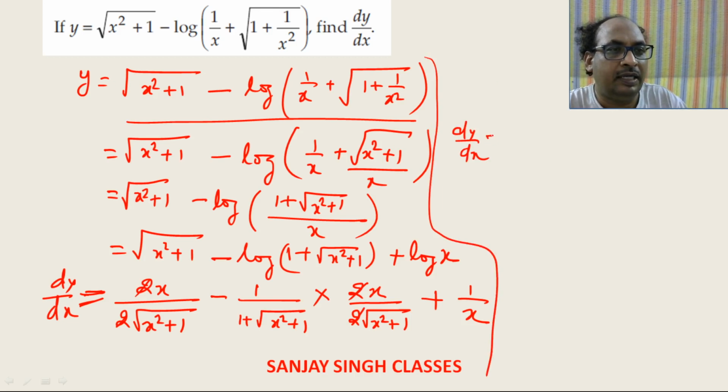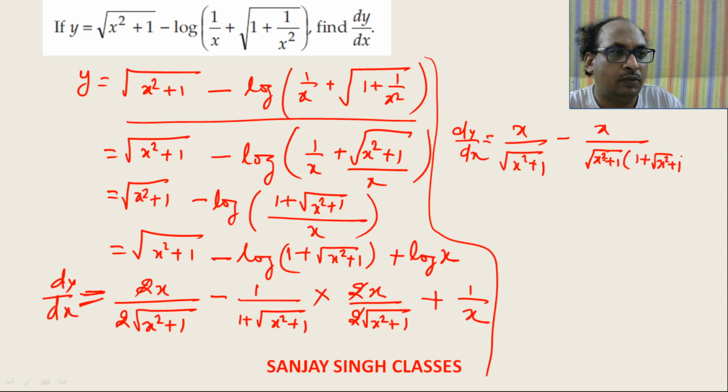So dy by dx is equal to x by whole root x square plus 1 minus x by whole root x square plus 1 and 1 plus whole root x square plus 1, plus 1 by x. Okay.